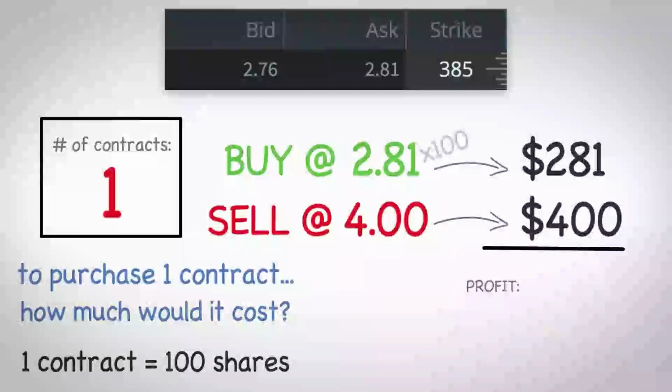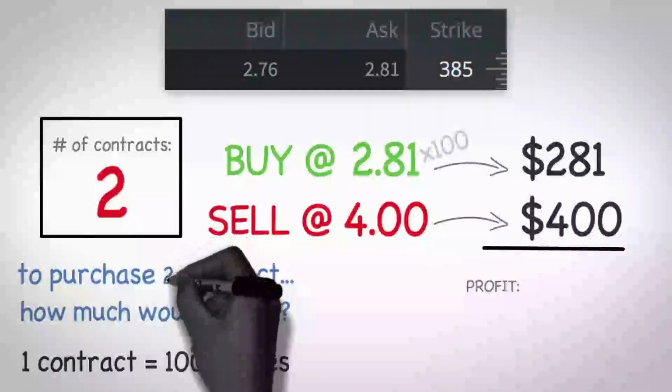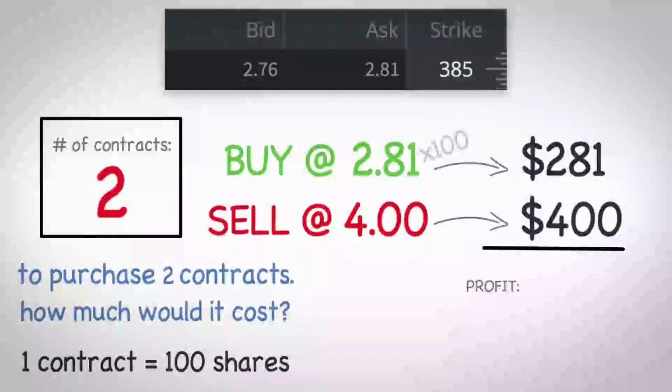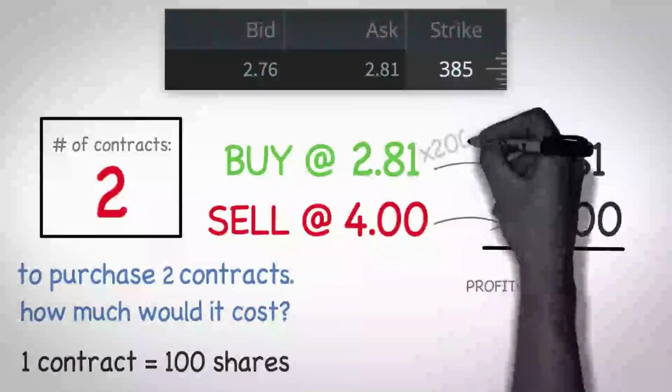Now let's look at one more example for practice. Instead of buying one contract of this call option at $2.81, let's say we wanted to purchase two contracts. The concept is the exact same here. We're just purchasing twice as many contracts. So if one contract cost us $281, then to find our cost of two contracts, we would simply multiply that by 2.